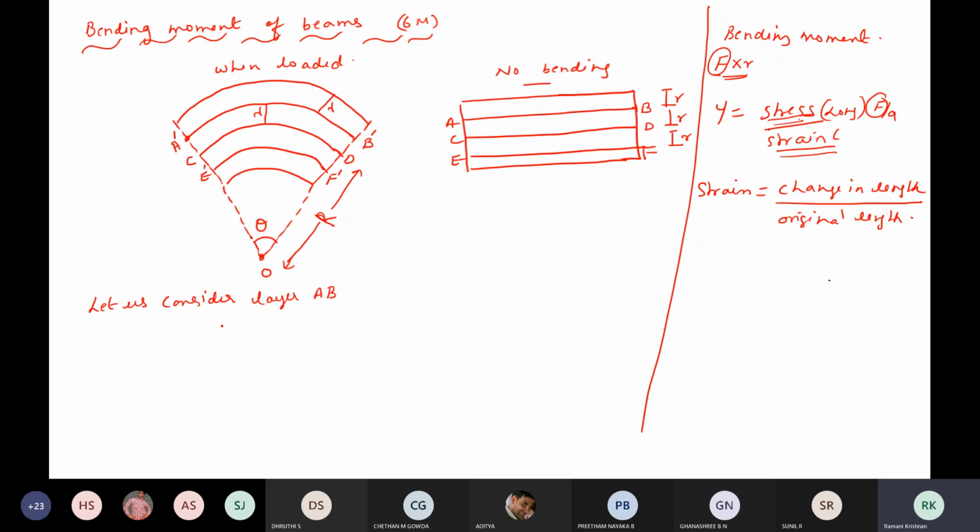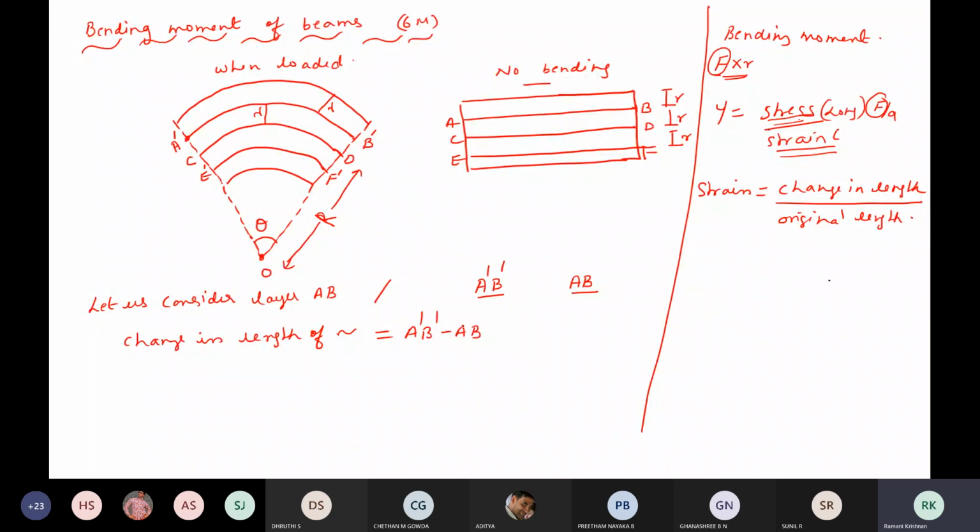Now, what is the original length? Original length is AB. And what is the change because of the bending? A dash B dash is the new length after the load is added, and AB is the length when no load is added. So the change in length of the layer AB is A dash B dash minus AB.